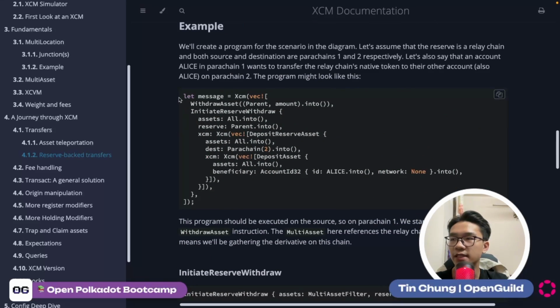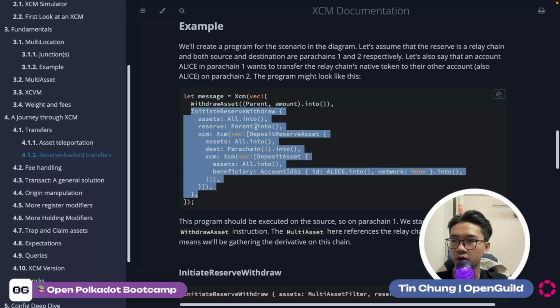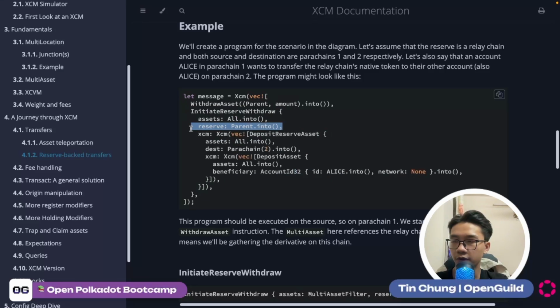And here we have an example of the reserve transfer. You have the first message, withdraw asset. You withdraw the amount from the parent blockchain, and then you initiate the reserve withdrawal. The reserve is now going to be the parent, which could be the relay chain.